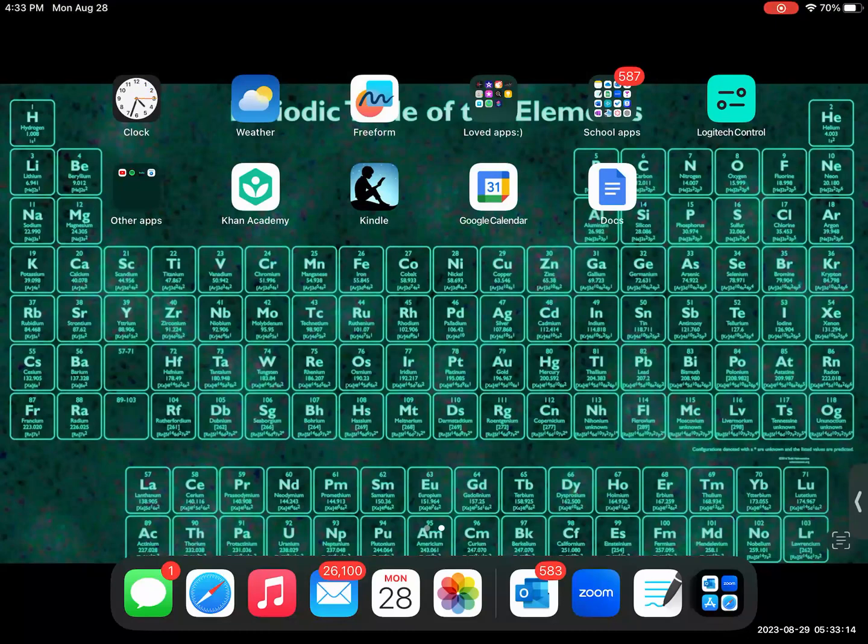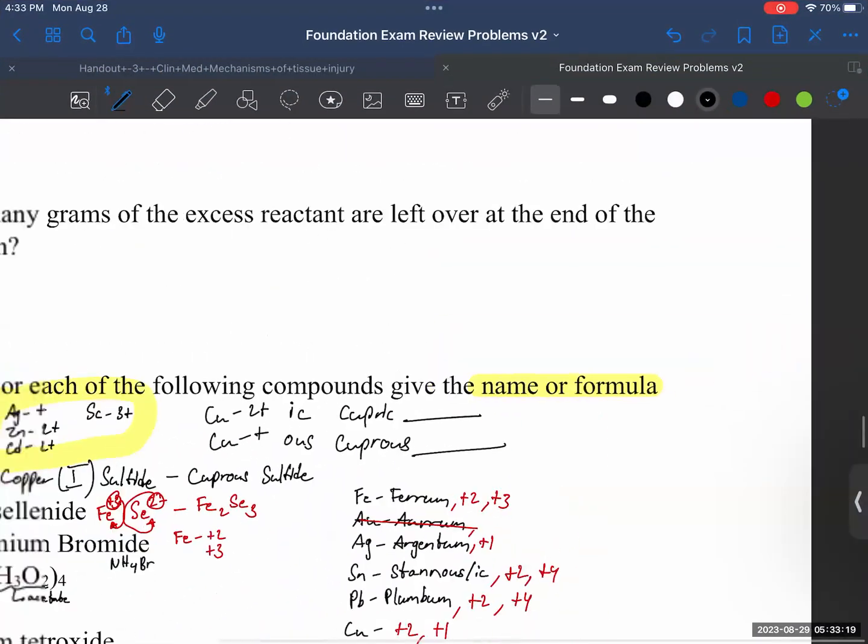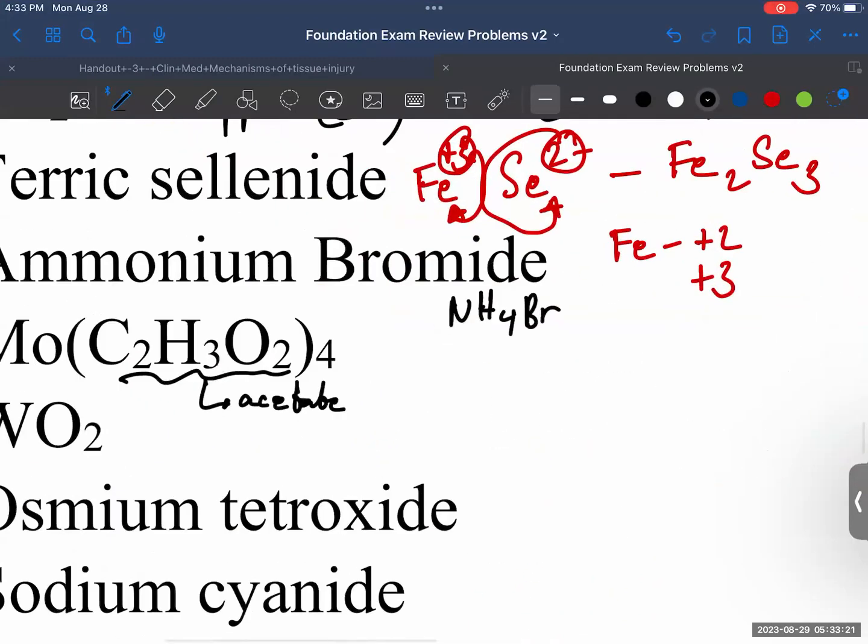So molybdenum is +4. That being said, molybdenum is a transition metal, right? And it's not one of those exceptions we listed above. So what do we have to include in our name? Yeah, the Roman numeral.